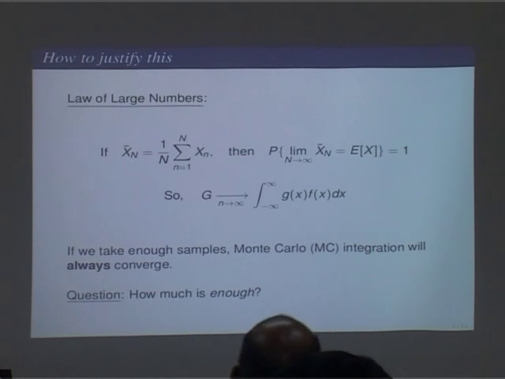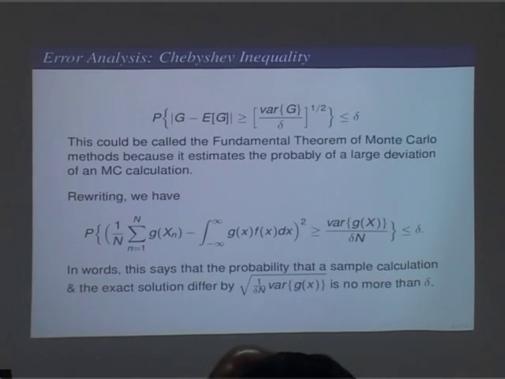And of course, as was mentioned, if you take enough samples and the things you're trying to estimate are finite, it will always converge. But in practice, that's very different from how much is enough to converge, or how much is enough to have some reasonable answer to talk about. So the way we think about how much is enough is by looking at Chebyshev's inequality.